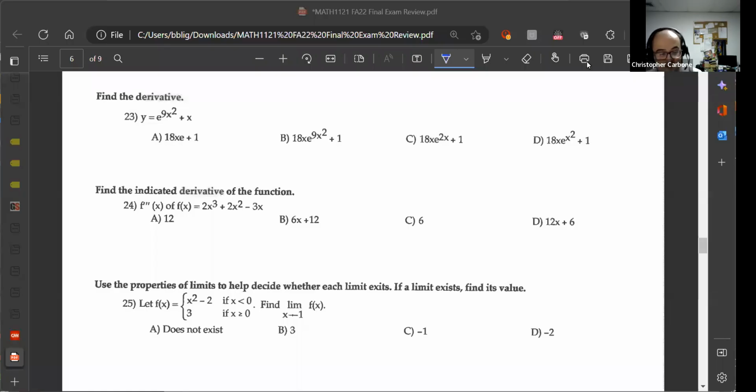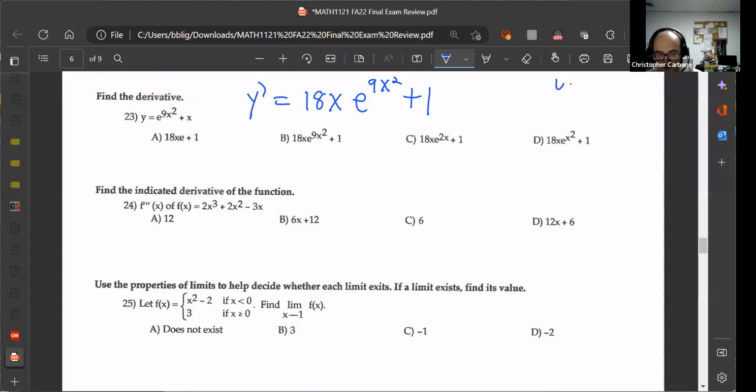Well, question number 25, with regards to this final exam review with the multiple choice questions. I have to find the derivative of y is equal to 9x squared, e to the 9x squared plus x. So y prime will be 18x times e to the 9x squared plus 1.